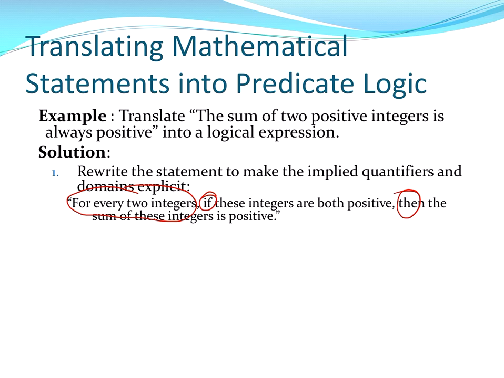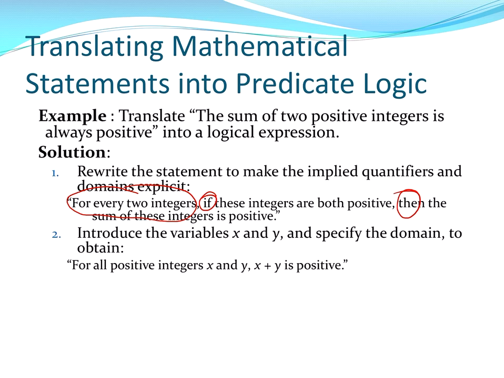And then we can introduce variables for these integers, x and y. So, for all positive integers x and y, there's our two. x plus y is positive, there's the conclusion of our implication.